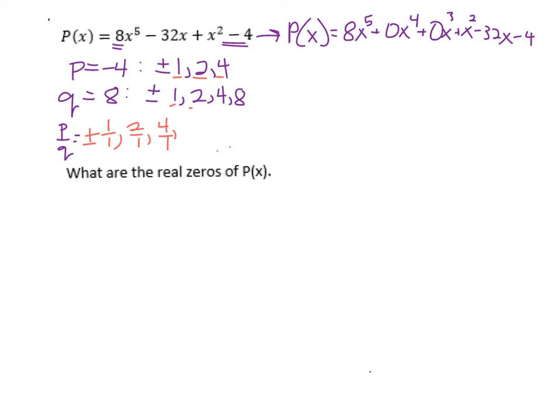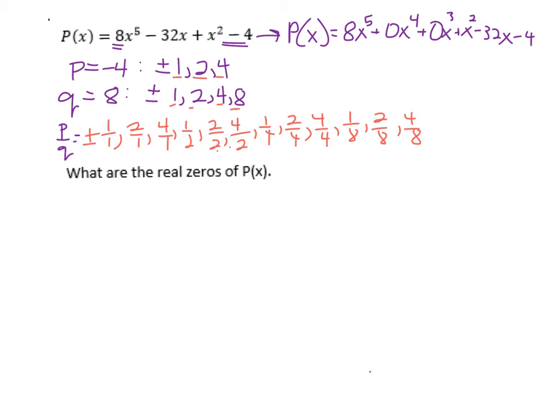Then I'm going to put them all over 2. 1 over 2, 2 over 2, and 4 over 2. Then I'm going to put them all over 4. 1 over 4, 2 over 4, and 4 over 4. This list is getting crazy. Last but not least, put them all over 8. 1 over 8, 2 over 8, and 4 over 8.